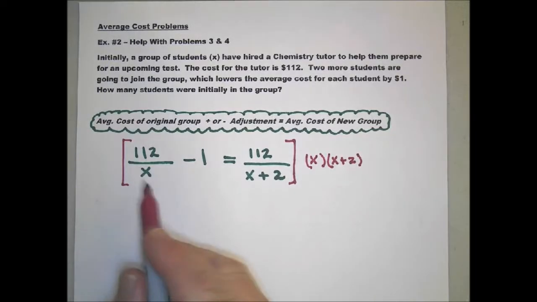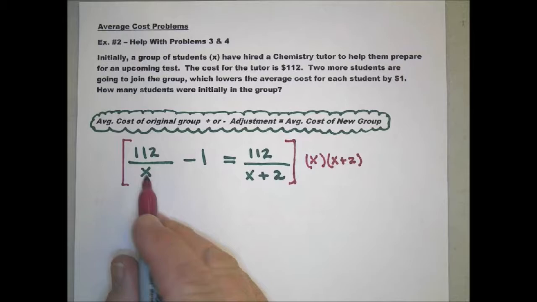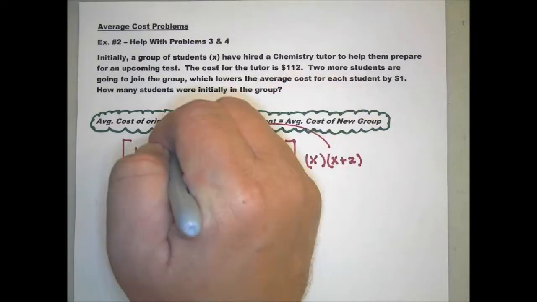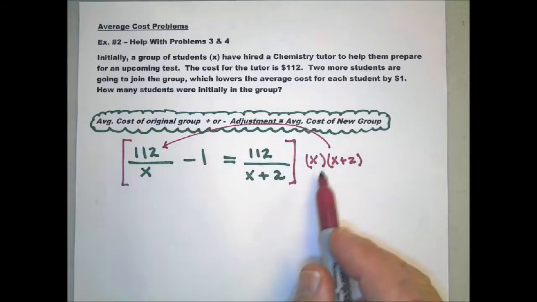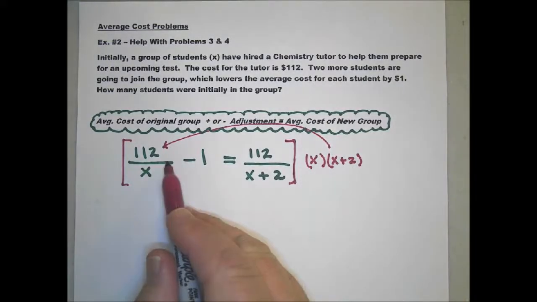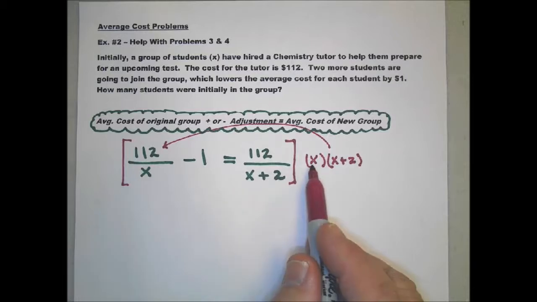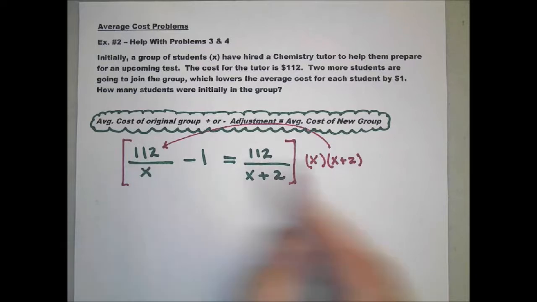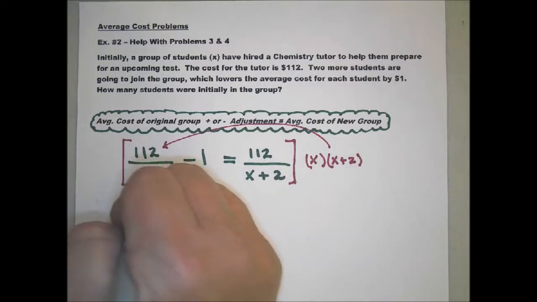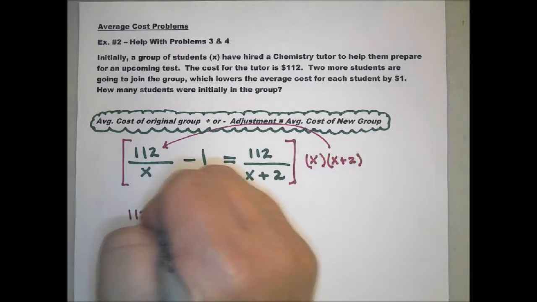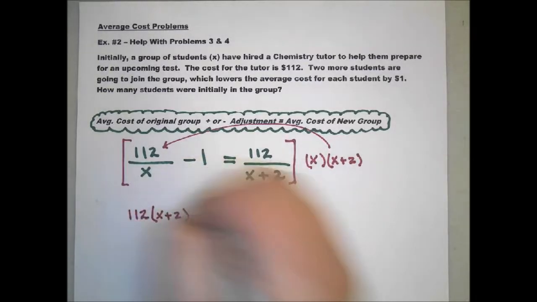So if we take the first term, which is 112 over x, and we multiply it by x times x plus 2, the x down on the denominator and that x are going to reduce each other. And so the only thing you're going to have left in the first term is the 112 multiplied by the x plus 2.